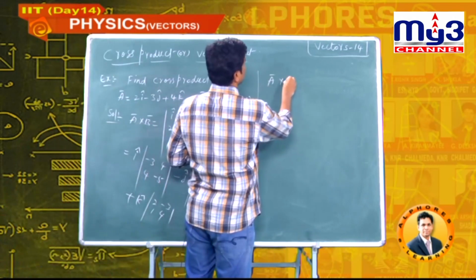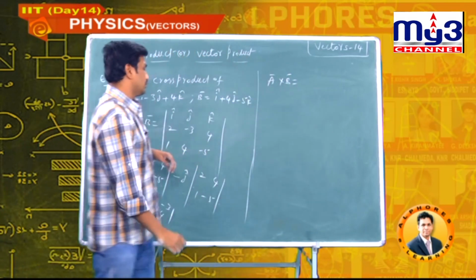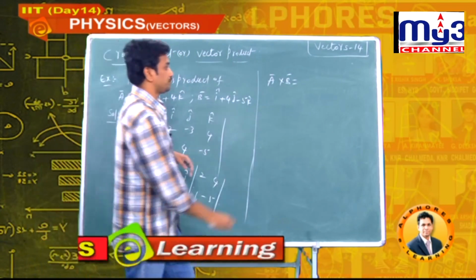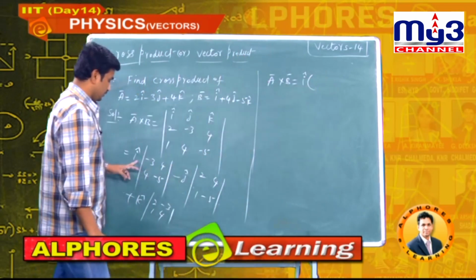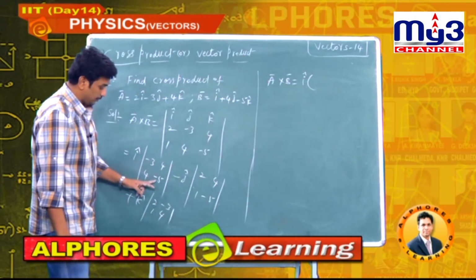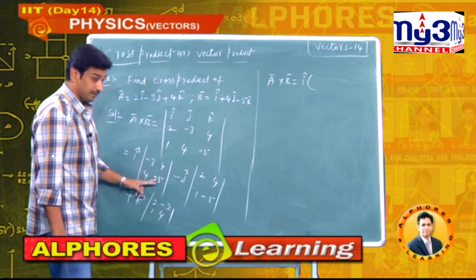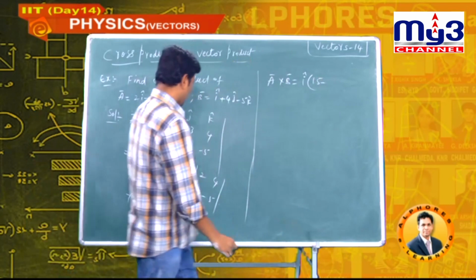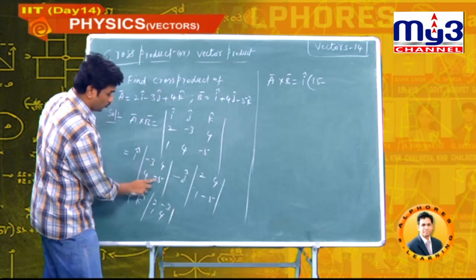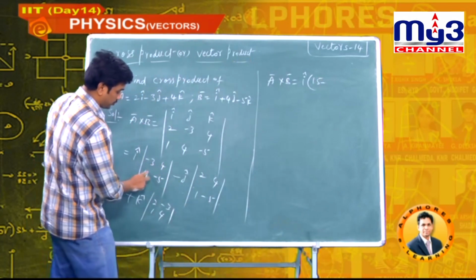A bar cross B bar is, first one, I cap. First multiplying these two, minus 3 into minus 5, 15, minus, after multiplying these two, minus 4 4s are 16.